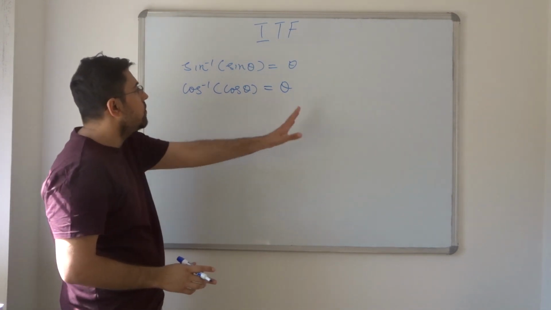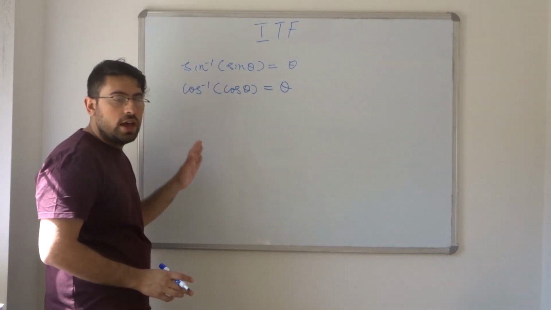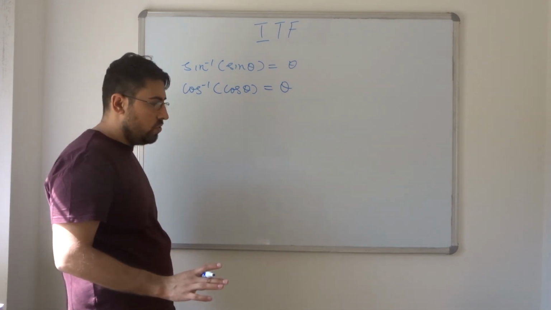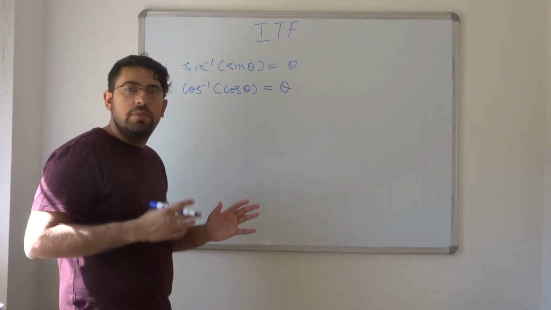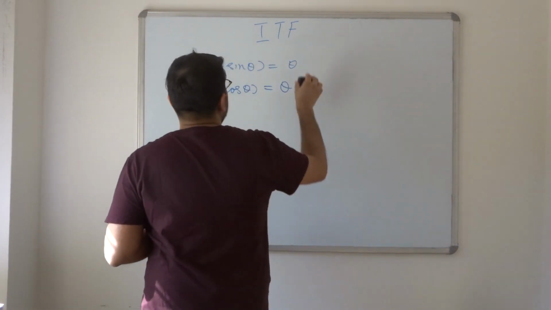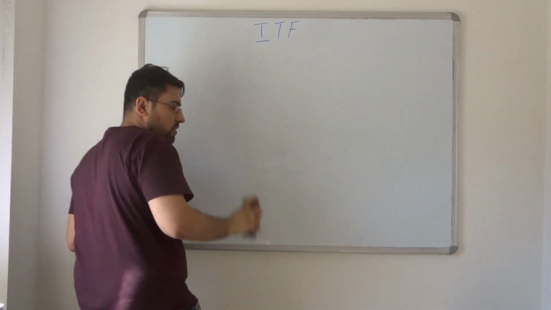According to the principal value branch, these are the solutions that you are going to have. If we don't know the principal value branch, we're asking for trouble. We're basically going to be in no man's land. So let's start with our first question.